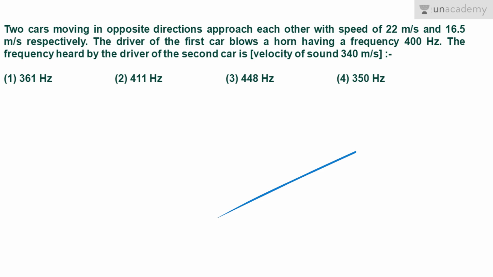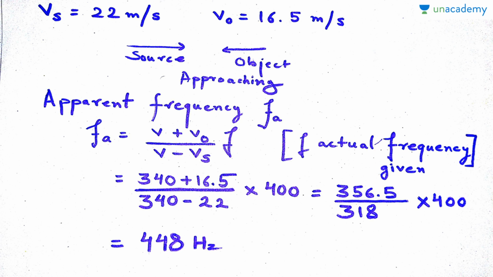It is a problem on apparent frequency. The velocity of the source is given, 22 meter per second. The velocity of the observer is also given. Since the source and observer are approaching each other, the formula for the apparent frequency becomes f' = f (V plus V naught) upon (V minus Vs), where V naught is for the observer, Vs is for the source, and f is the actual frequency, 400 hertz, which is given.